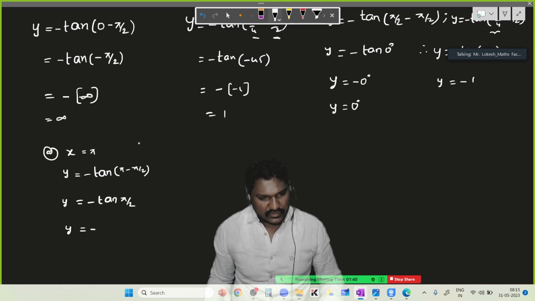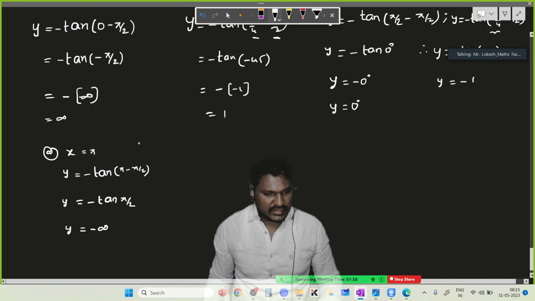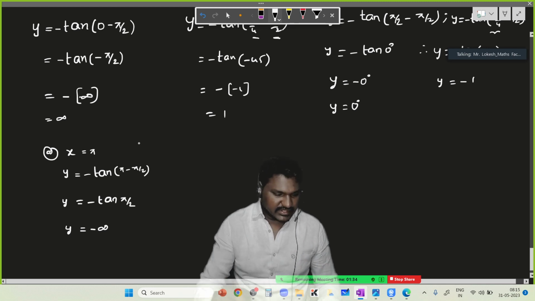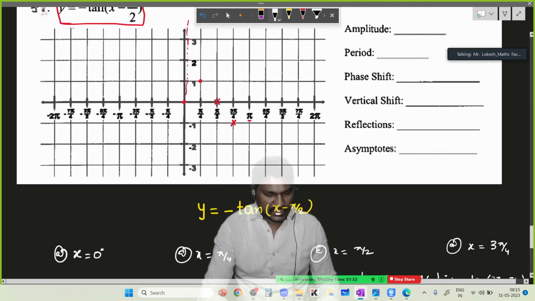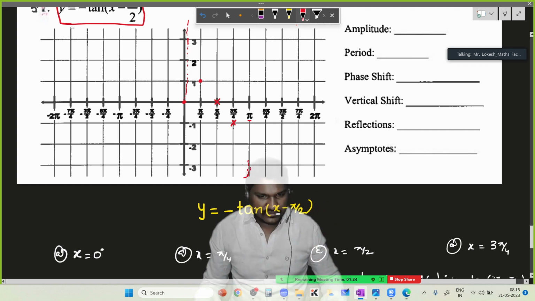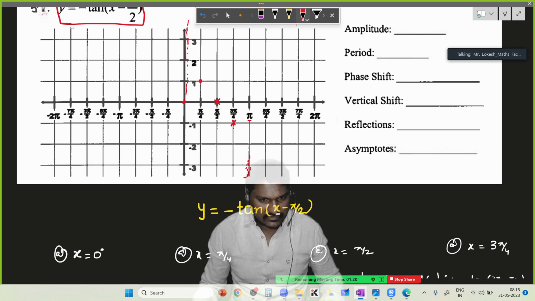Tan 90 is undefined, so it will become minus undefined, so it will extend here. Minus undefined means in the negative y-axis. So if you plot the graph, it will become like this. It will not meet any line, but it will extend up to infinity.